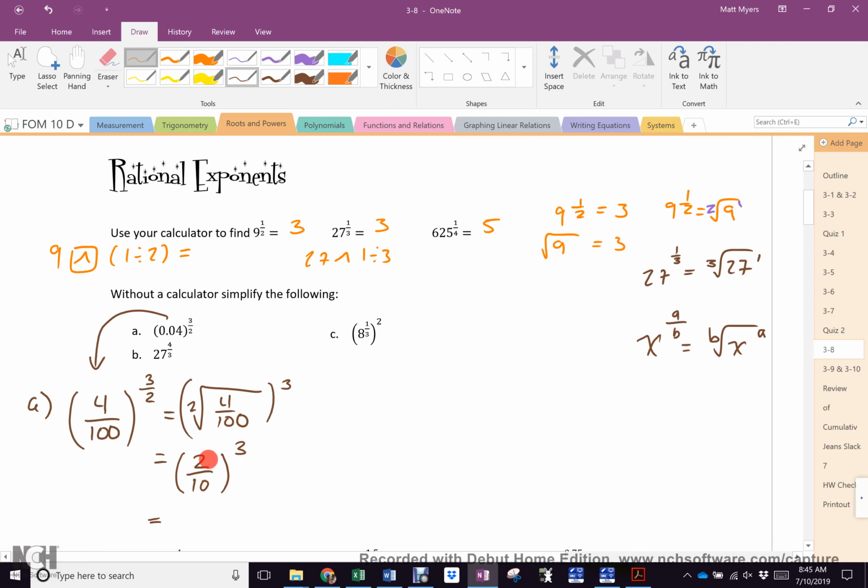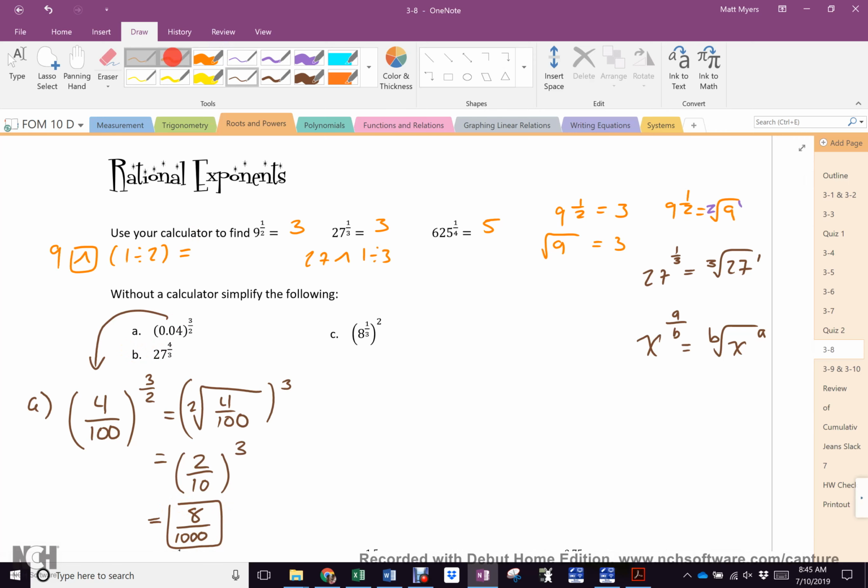What is 2 cubed? 2 times 2 times 2. 8 over 10 cubed. 1,000. And you're done. That's all you do. It's just putting together both exponents and simplifying radicals that we've already done.